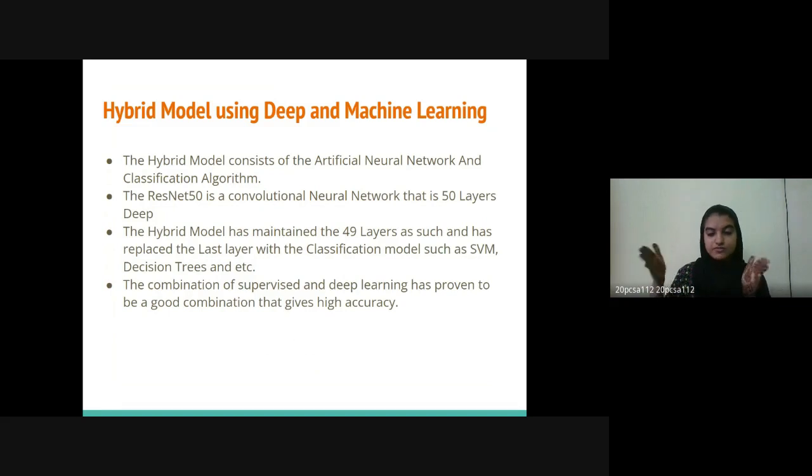Of the 50 layers, 49 layers were maintained, and the last layer was discarded and replaced with a classification layer which has SVM, which stands for support vector machine, and decision trees, to classify if the person was wearing a mask or not wearing a mask.